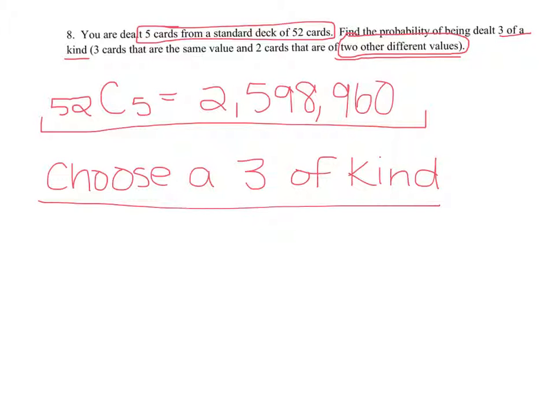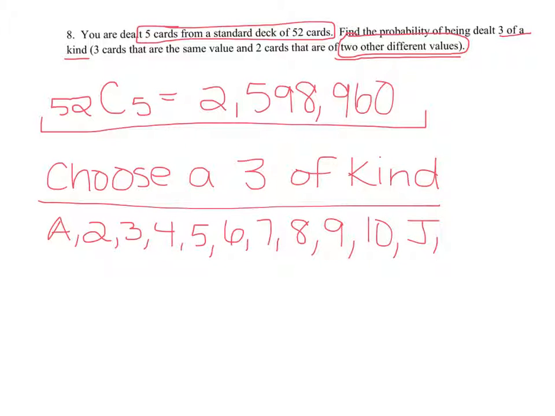So am I going to get 3 aces? 3 twos? 3 threes, 3 fours, 3 fives, 3 sixes, all the way up through kings? In a deck of cards, you have an ace, which, depending on the card game you're playing, could count as a 1 or an 11 in certain games, then 2, 3, 4, 5, 6, 7s, 8s, 9s, 10s, jack, queen, and king.